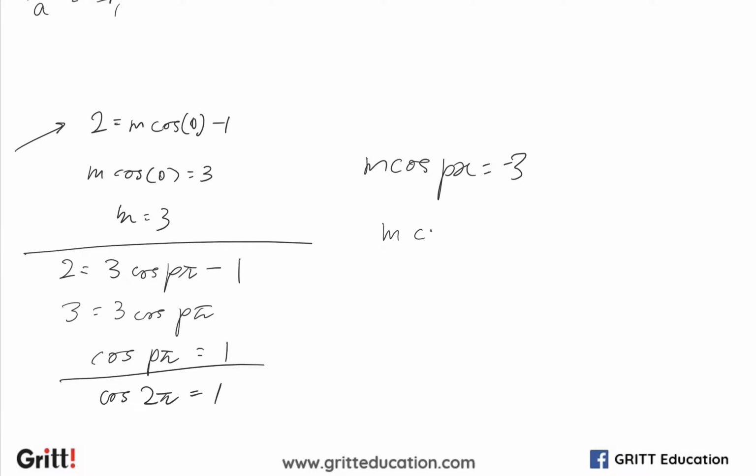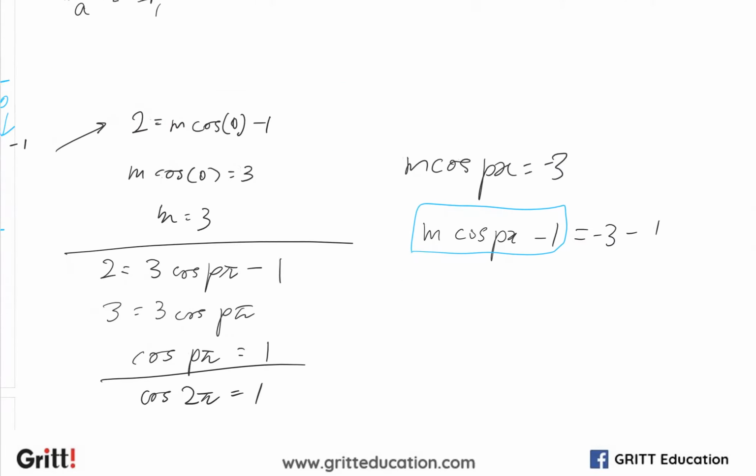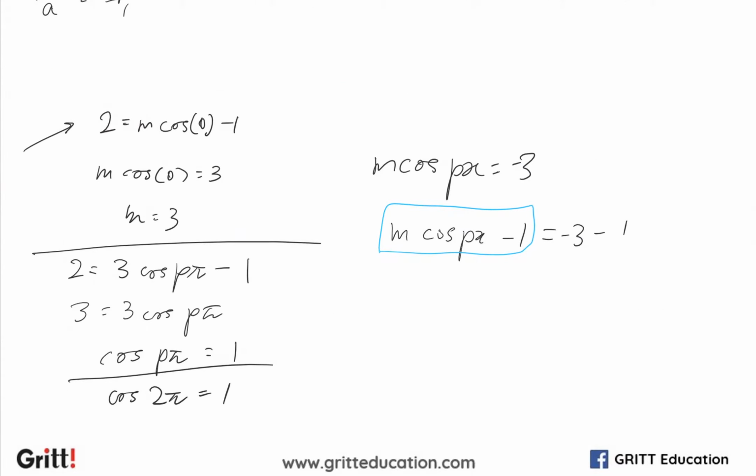So m cos px minus 1 is going to equal negative 3 minus 1. You will notice that this is equal to the trigonometric function here, so I'm going to rewrite it as y. Then y is equal to negative 3 minus 1, which is negative 4.